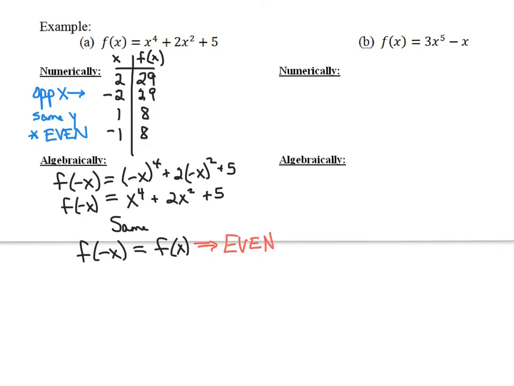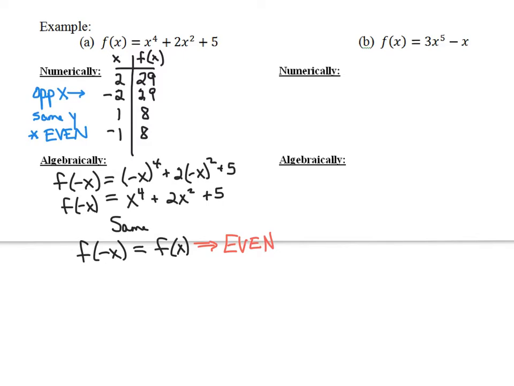So now I've done my proof or my investigation using any random x value. Substituting in a negative x, I see that the function value turned out to be exactly the same as the original. So this gives me much more information than just doing the problem numerically.